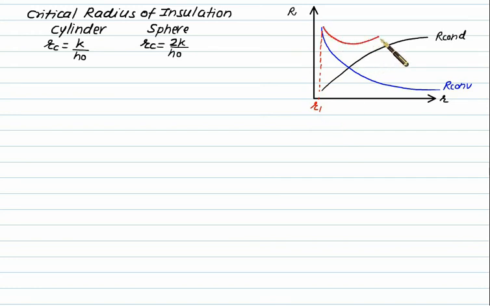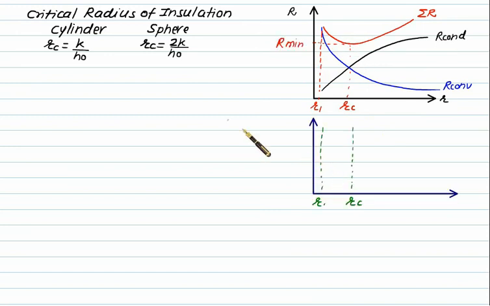It initially decreases and then again increases. This is the summation of the resistances. Where this value is minimum, that is called the critical radius of insulation, and correspondingly, at the critical radius of insulation, the total resistance is minimum.